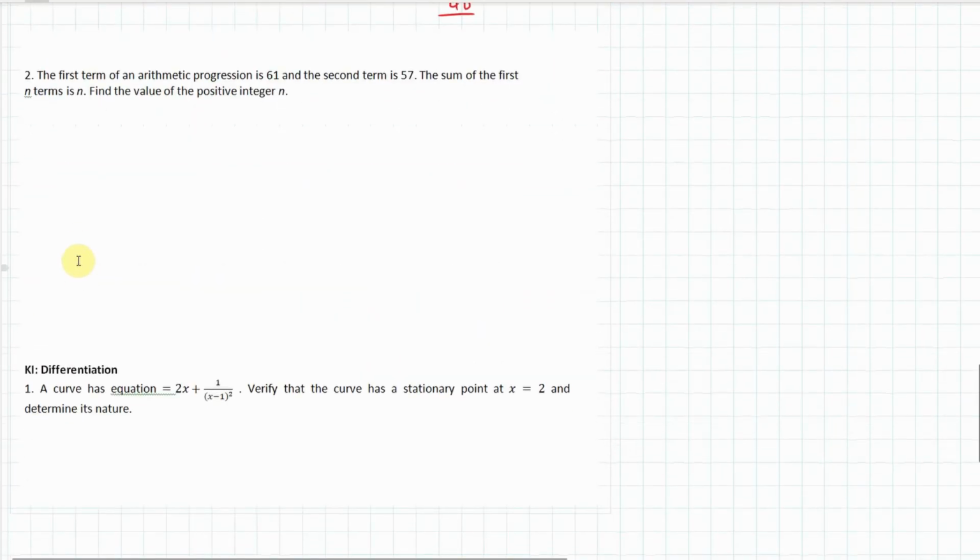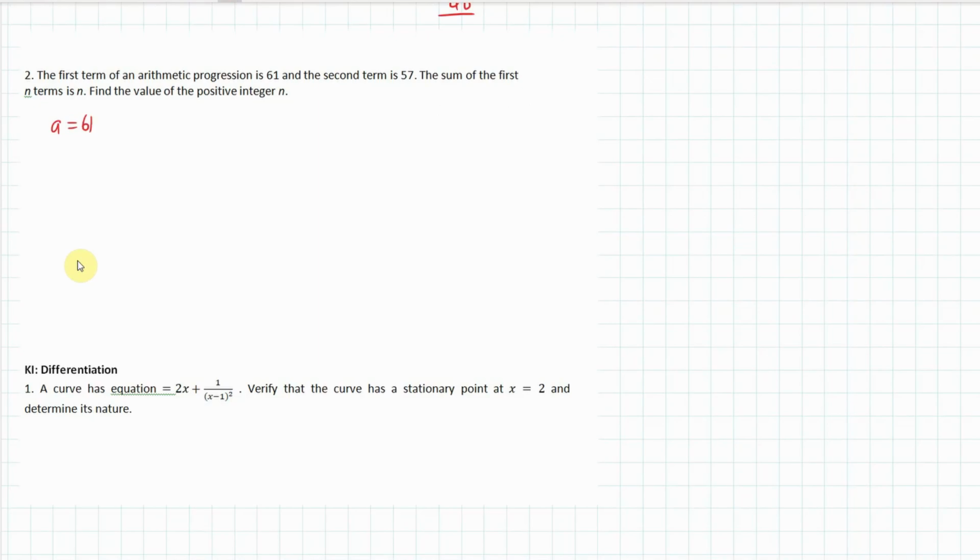Okay, now we're going on to an arithmetic progression. The first term of an arithmetic progression is 61, and the second is 57. The sum of the first n terms is n. Find the value of the positive integer n. First term is 61, so we say a is 61.